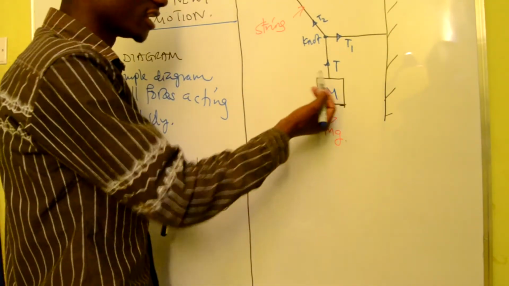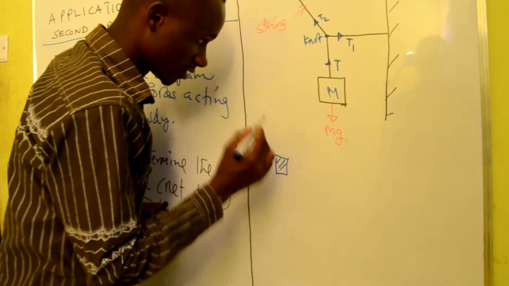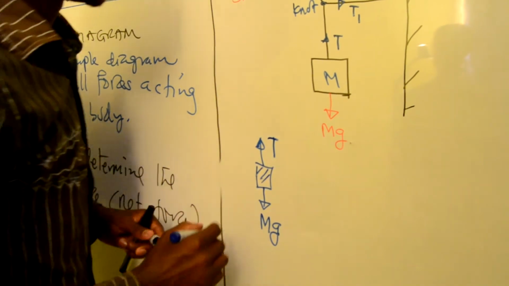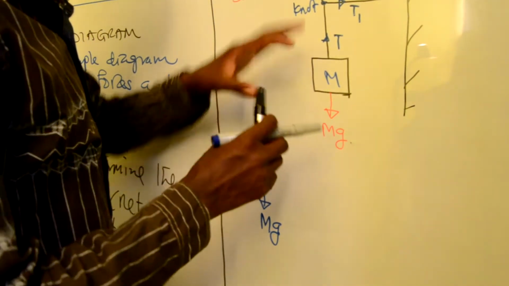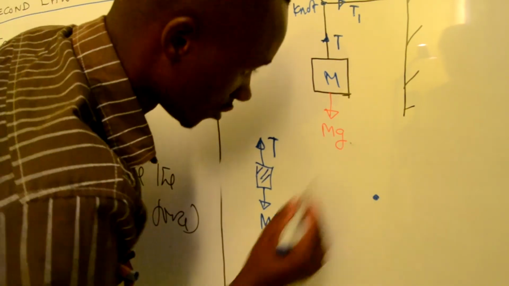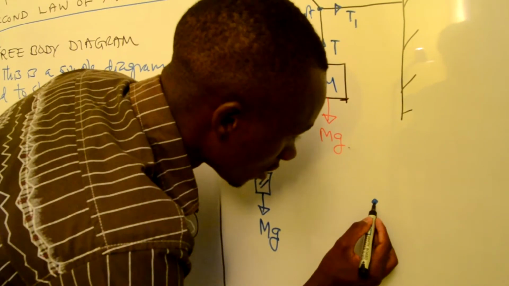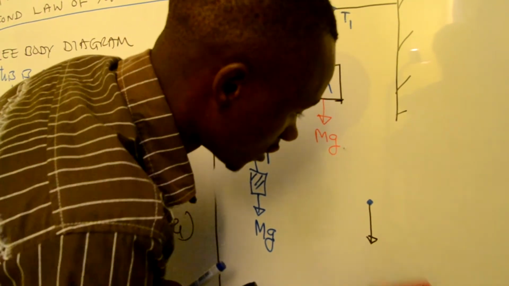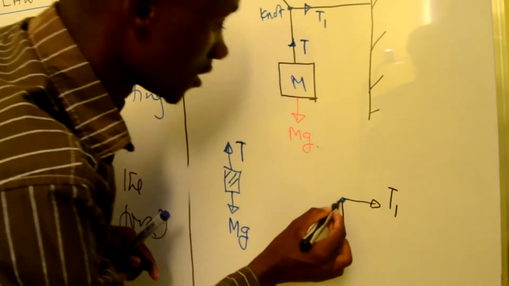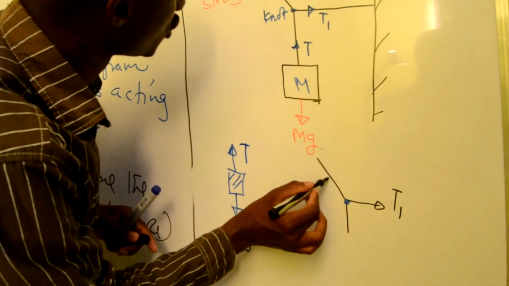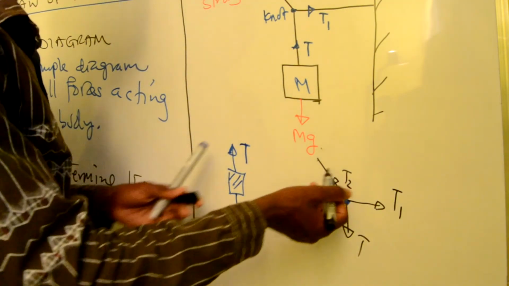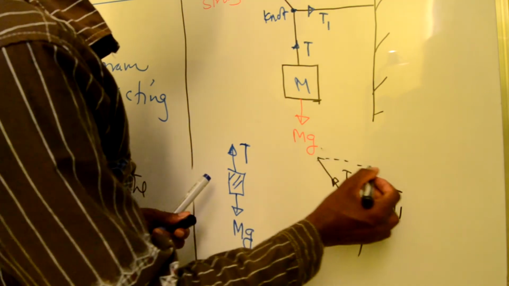When we sketch the free body diagram for the mass, we find that there is a weight mg and the tension T. When we consider the forces acting at this node, there is tension T1 and another tension T2 balanced by the total tension, and this tension T2 acts at an angle theta about the horizontal.